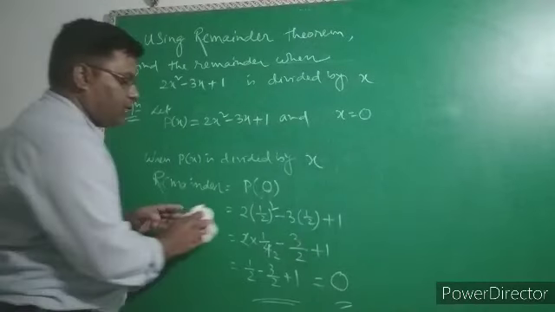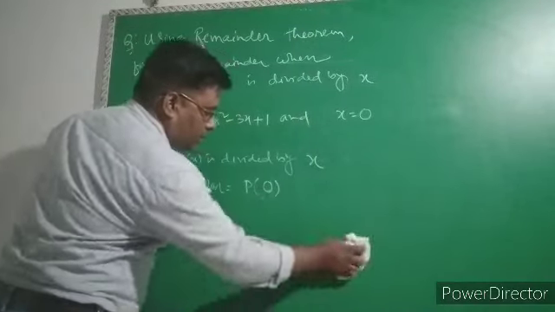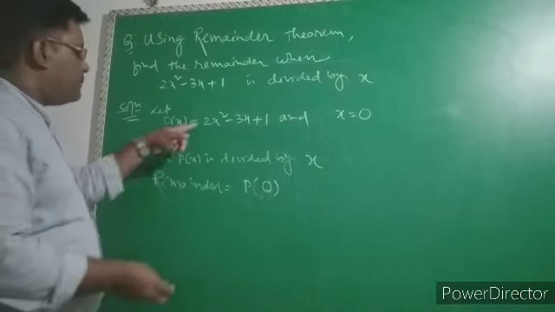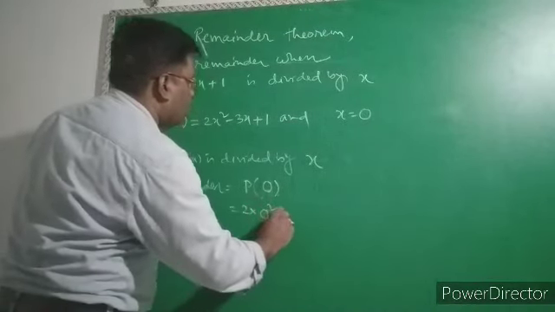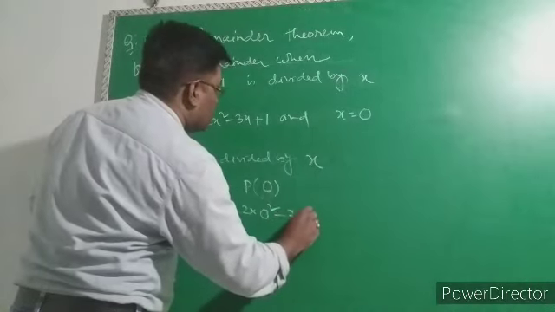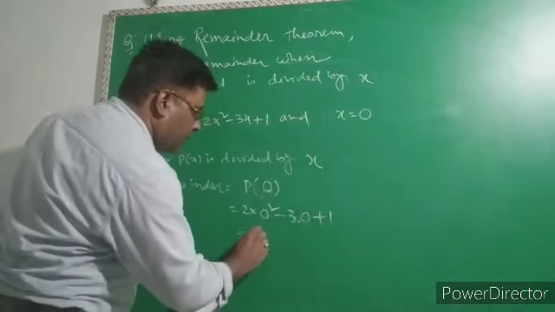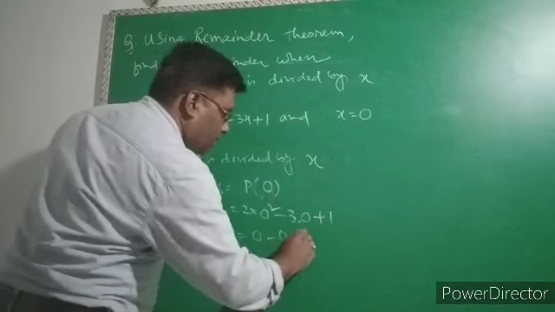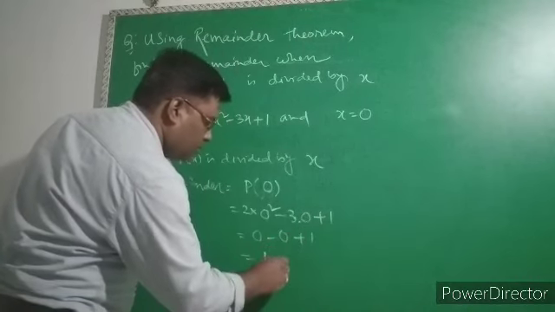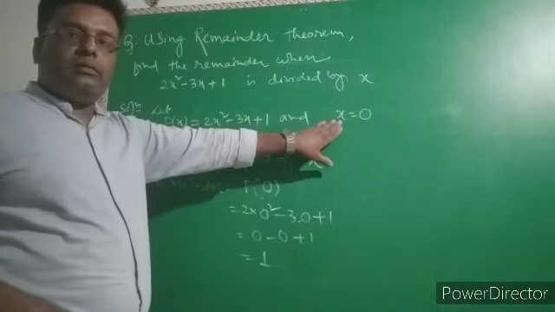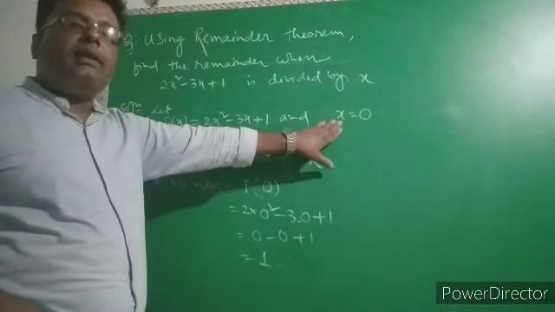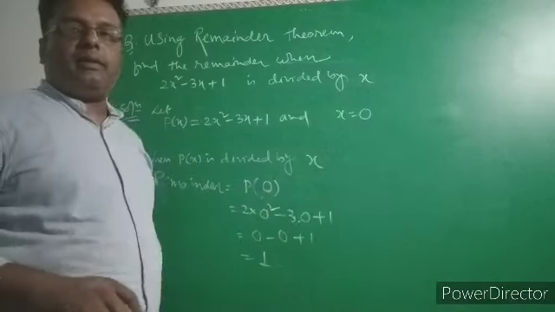Now see, it becomes 2 into 0 square minus 3 into 0 plus 1, that is 0 minus 0 plus 1, so equal to 1.